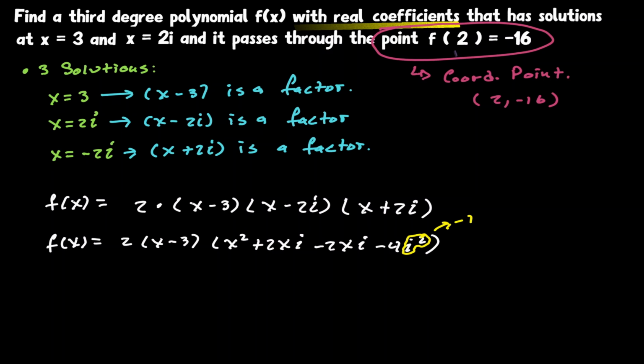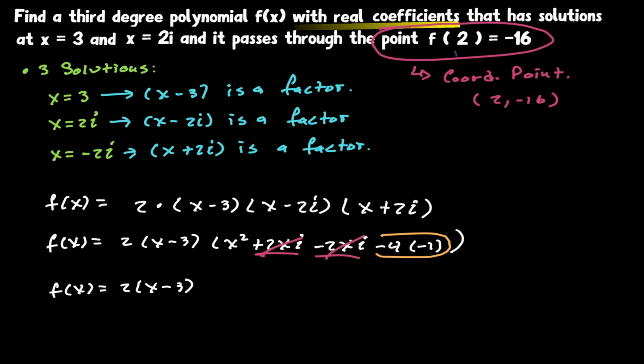We can just substitute that with the value of negative 1. Those expressions of 2xi and negative 2xi are going to cancel out. And now this expression, negative 4 times negative 1, that is positive 4. So on the second parenthesis, what we're going to be left with is just x squared plus 4.